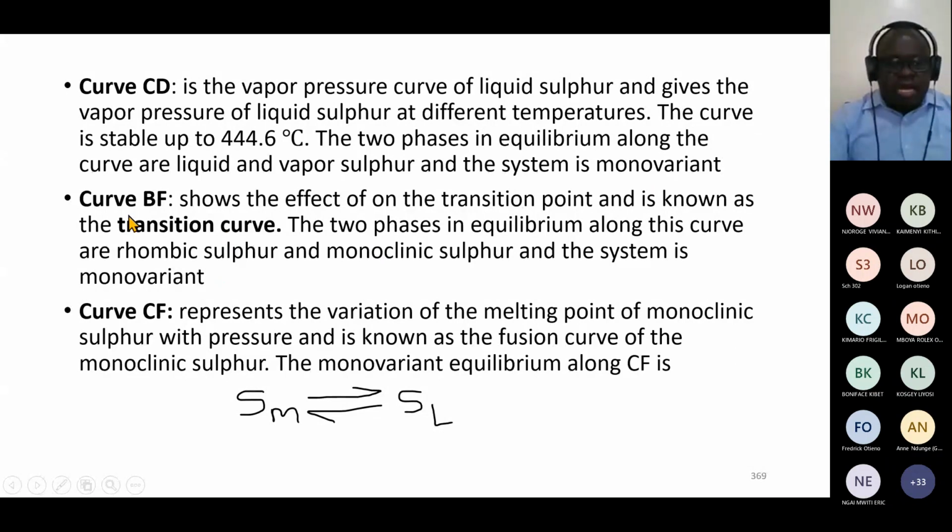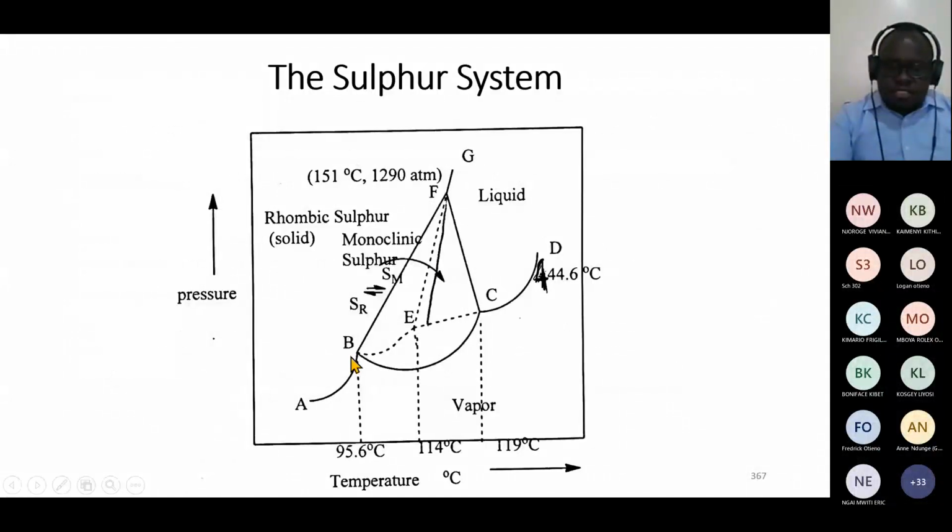You can also consider the curve BF. So here we have the rhombic sulfur being at equilibrium with the monoclinic sulfur within this region. Remember we said at this point, the rhombic sulfur transitions to monoclinic sulfur.